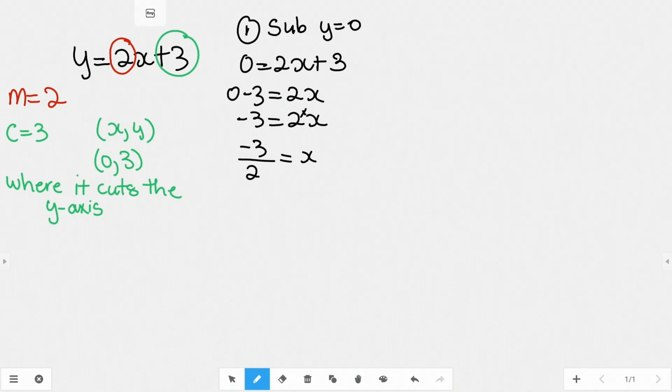So again, y is equal to 0 and x is equal to negative 3 over 2, or you could write it as a decimal, which is negative 1.5. So negative 1.5, 0 is where this line would cut the x-axis, and 0, positive 3 is where the line would cut the y-axis.